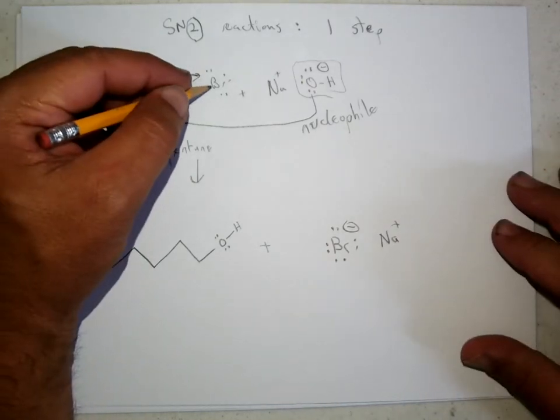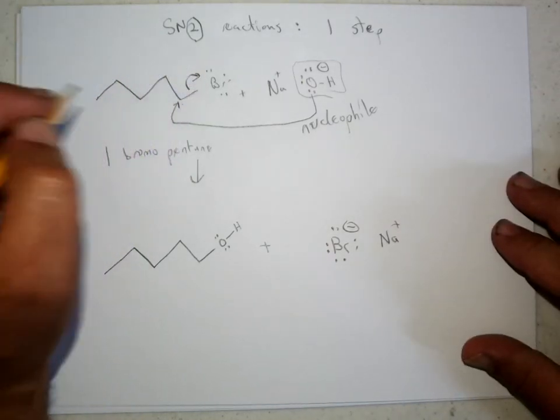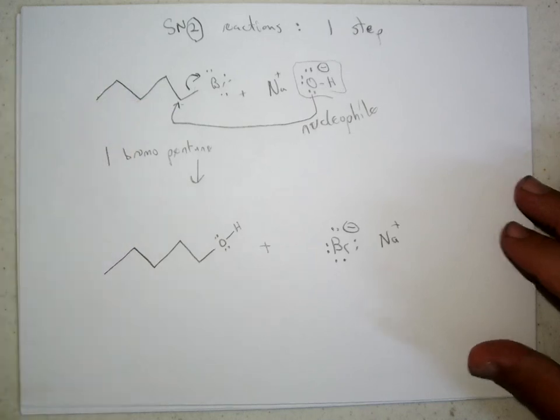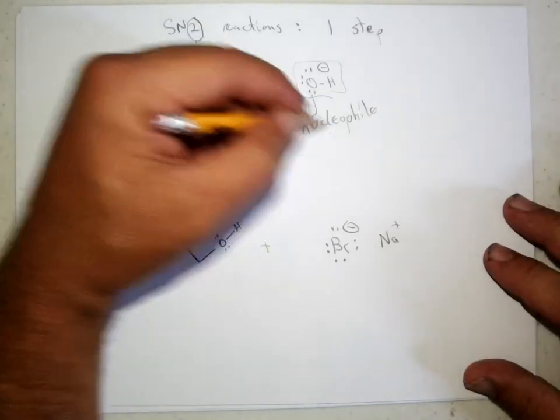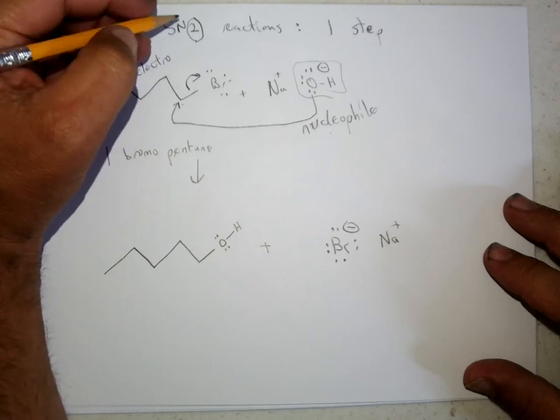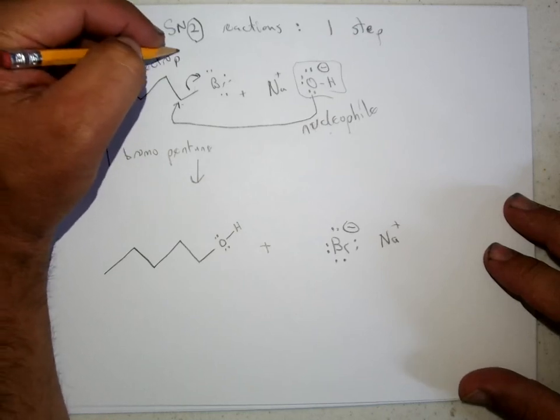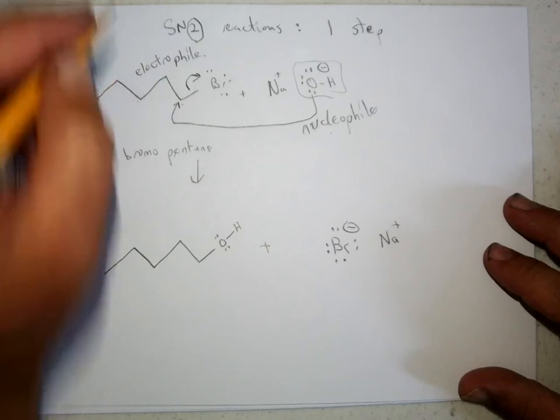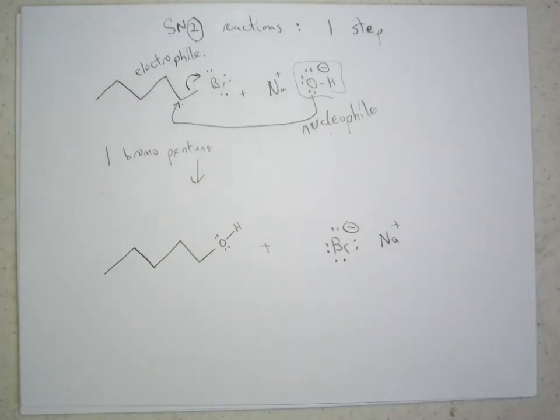The bromide is the leaving group, and I mentioned that before. And if that's the nucleophile, it makes the alkyl bromide the electrophile. So there it is, SN2 reaction, nice one step.